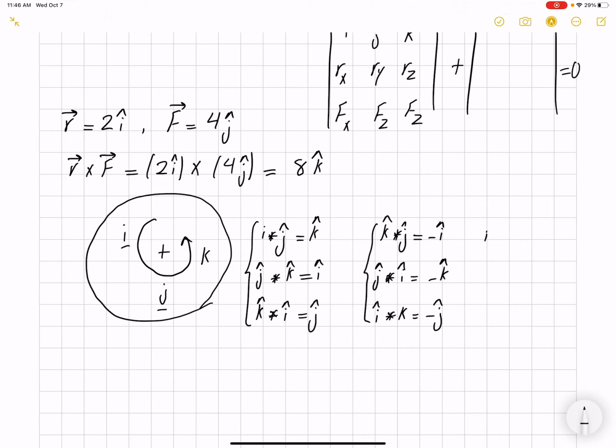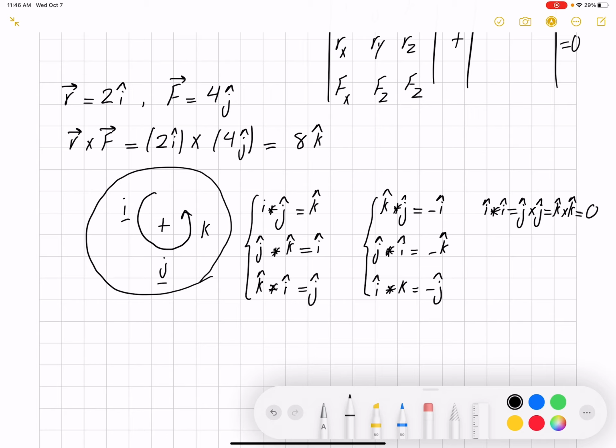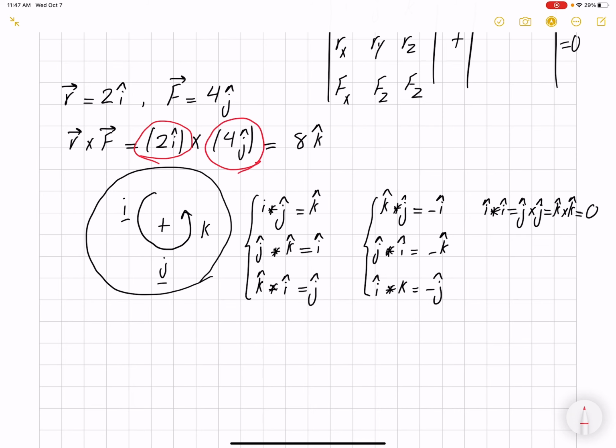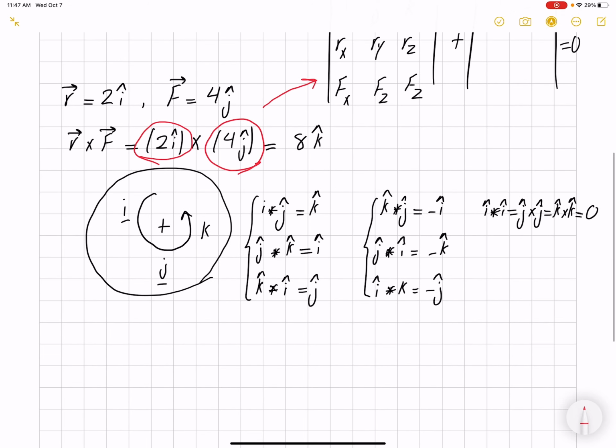Also, you need to remember that i cross i, j cross j, and k cross k are all equal to 0. So if we have our position vector and our force vector in a very simple one-component form, we really don't need to write the whole cross product equation, and we can use this rule. You just need to remember i, j, k, counterclockwise, positive.